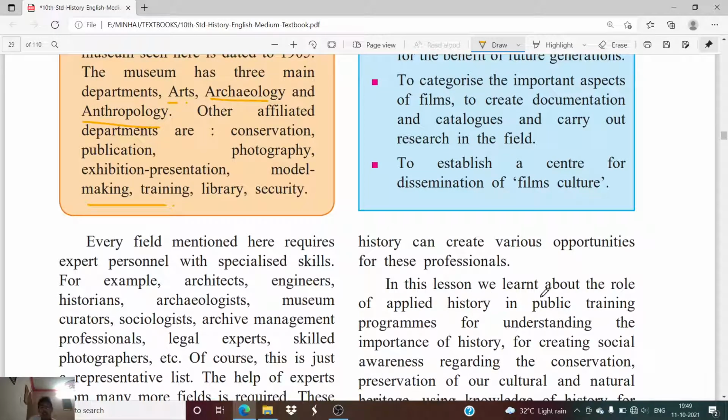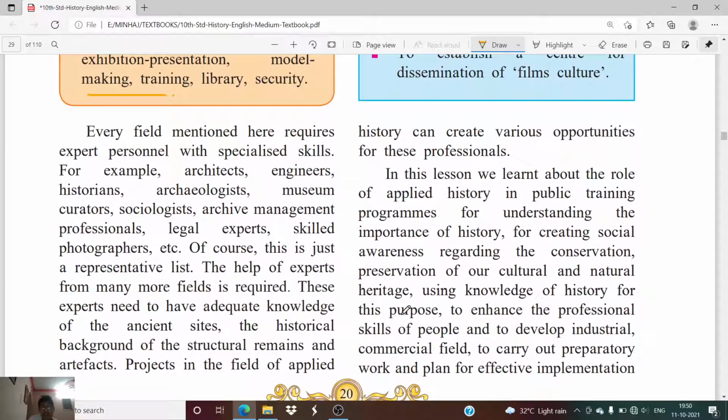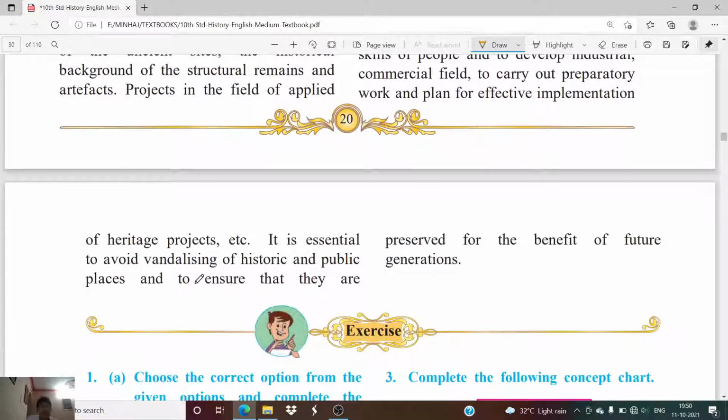In this lesson, we learned about the role of applied history in public training programs for understanding the importance of history, for creating social awareness regarding the conservation and preservation of our cultural and natural heritage, to enhance the professional skills of people, to develop the industrial and commercial field, and to carry out preparatory work and plan for effective implementation of heritage projects. It is essential to avoid vandalizing historic and public places and to ensure that they are preserved for the benefit of future generations.